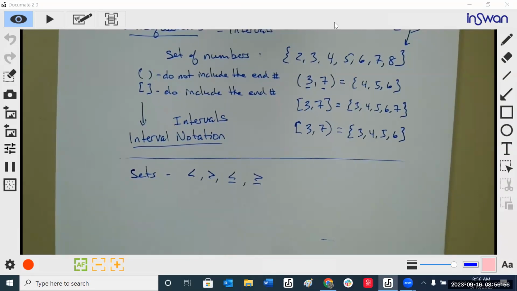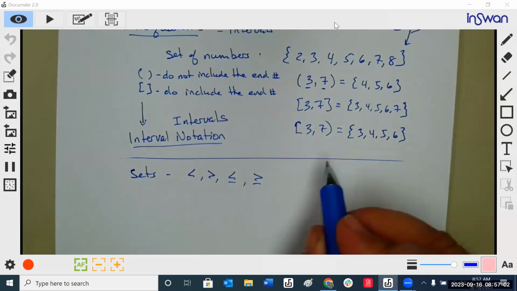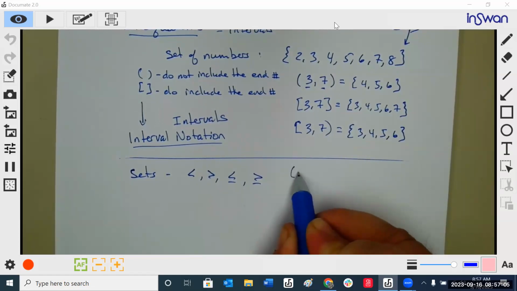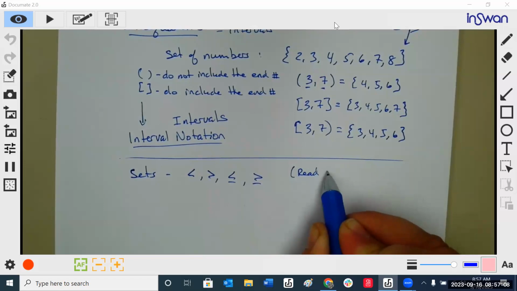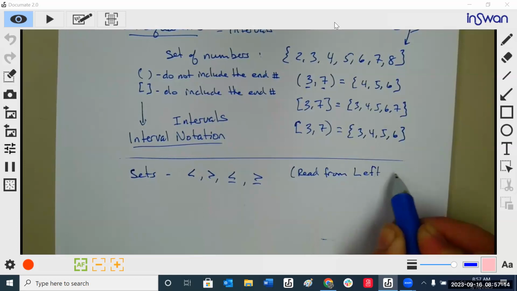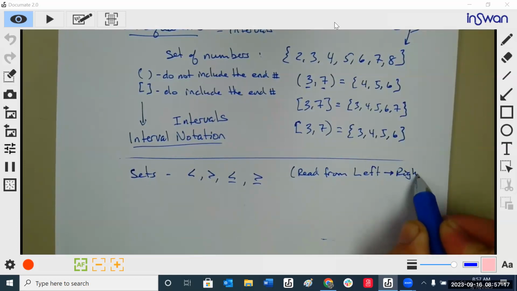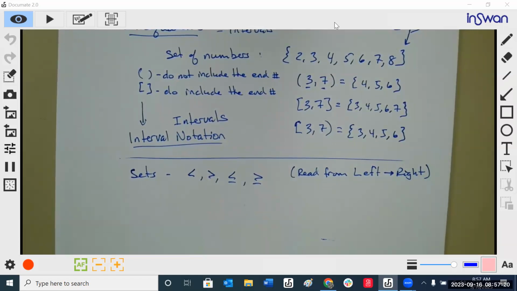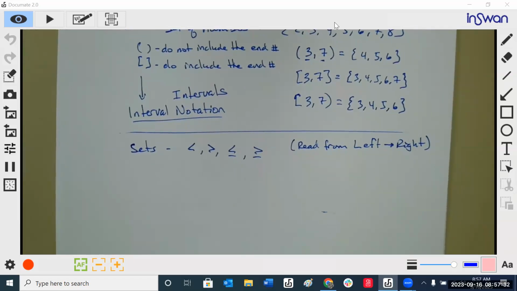Whenever we talk about sets, remember, this is very important: read the statement from left to right. And since we're talking about a horizontal line, we usually use the letter X.